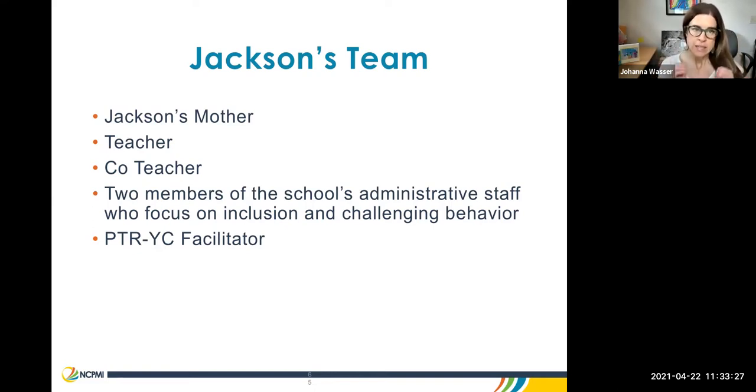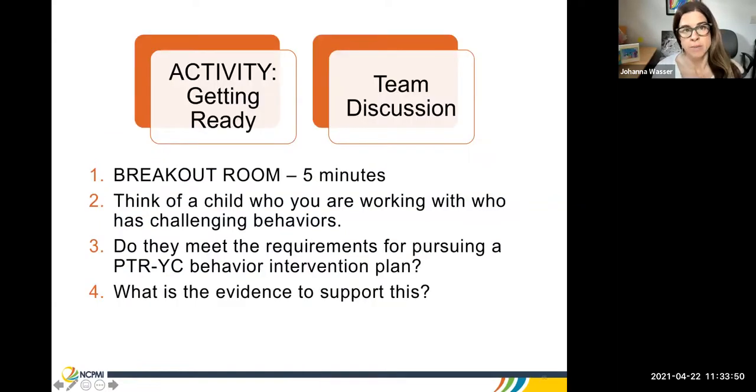So it's really nice to get all adults who are in the classroom together. Also 2 members of the school administration, the school director and an inclusion specialist. And then the PTR-YC facilitator who was working on our team during the research.